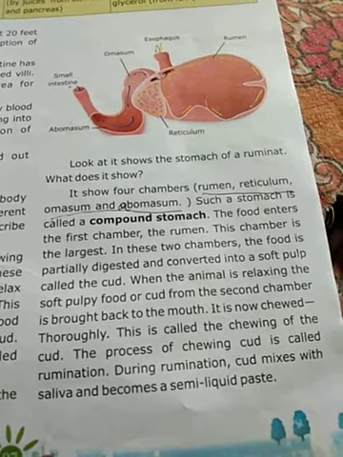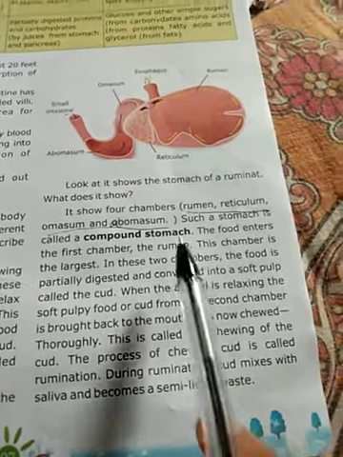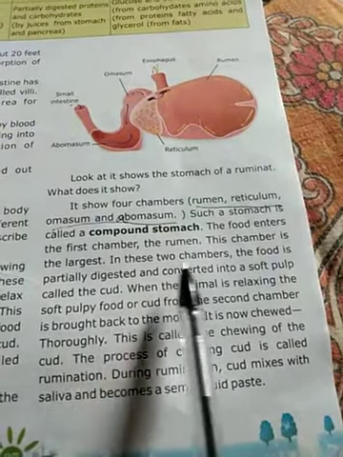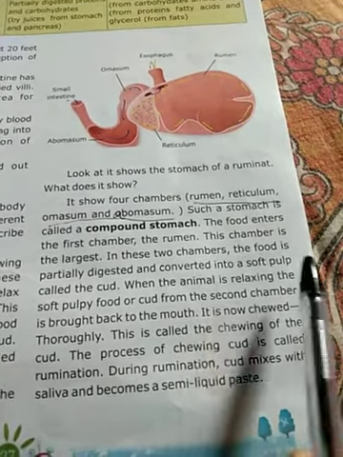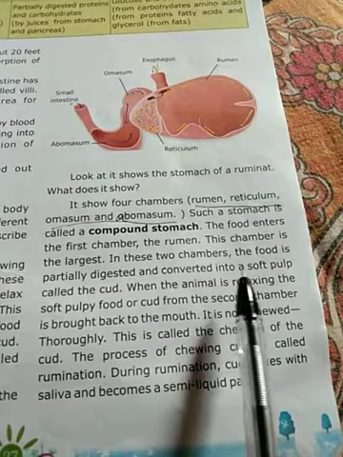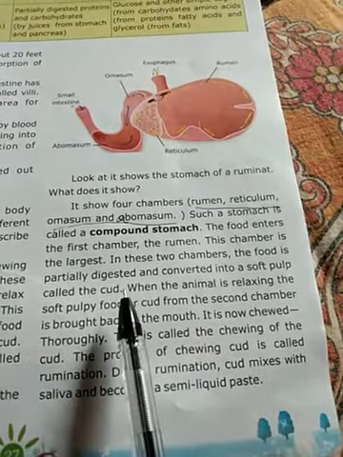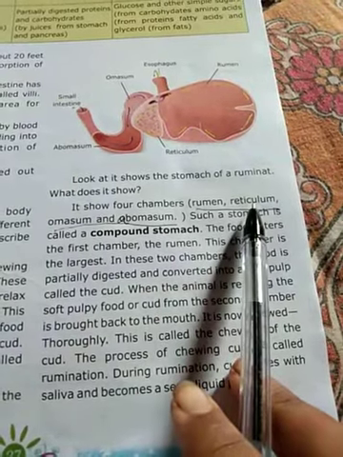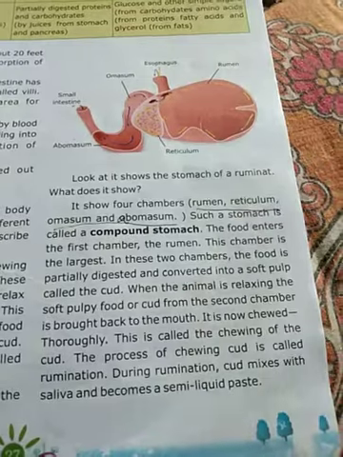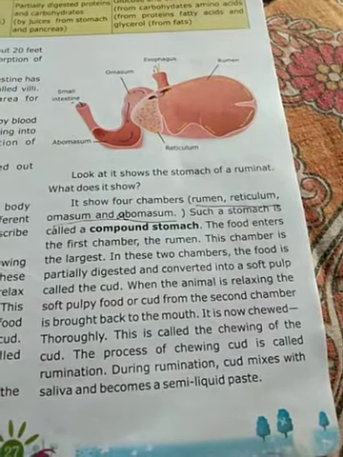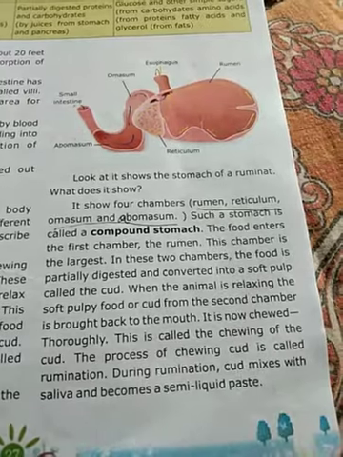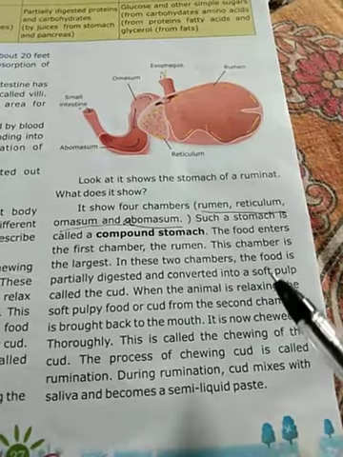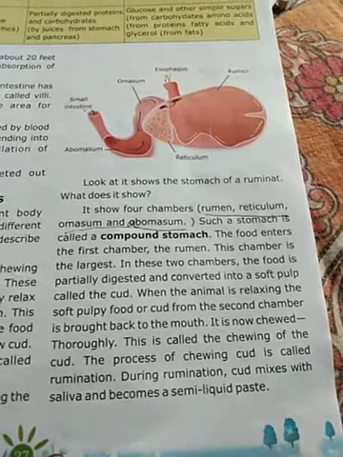When the food enters the first chamber, the rumen, this chamber is the largest. In these 2 chambers, rumen and reticulum, the food is partly digested and converted into a soft fluff called the cud.